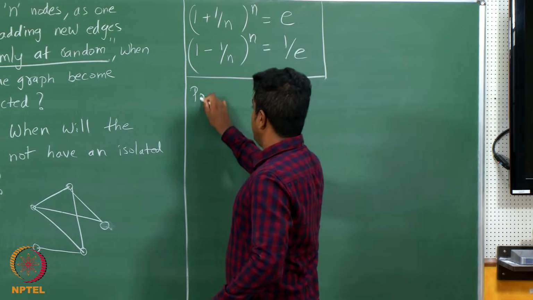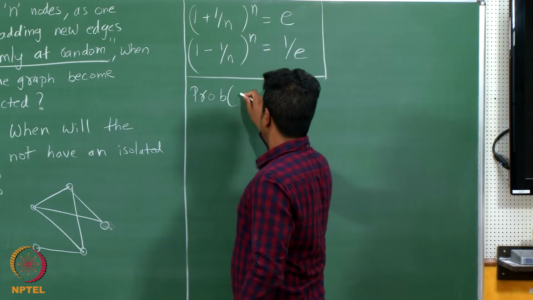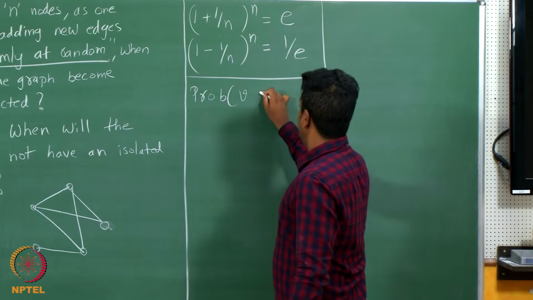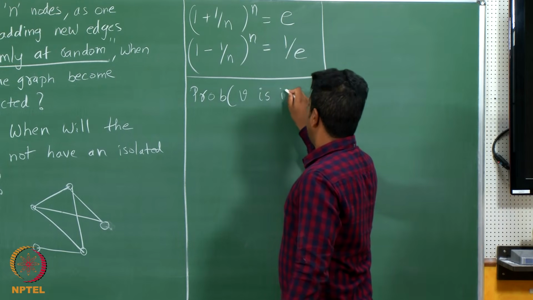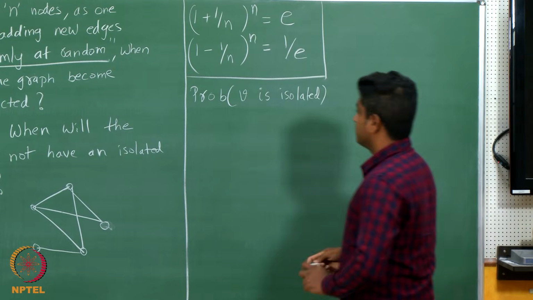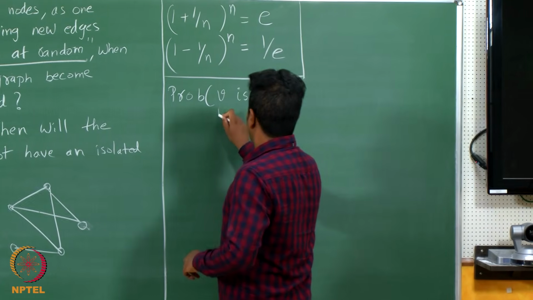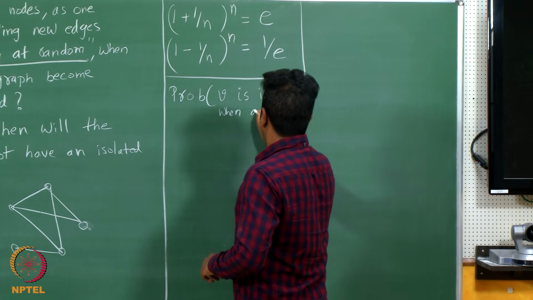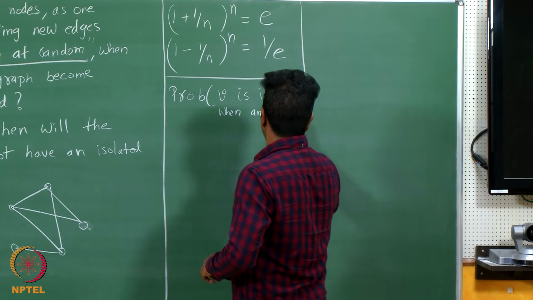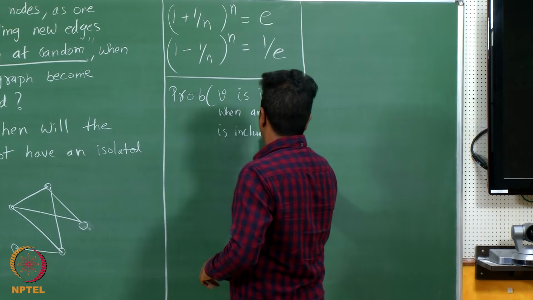What is the probability, let us get back to this question, of a vertex V becoming isolated when an edge is included?